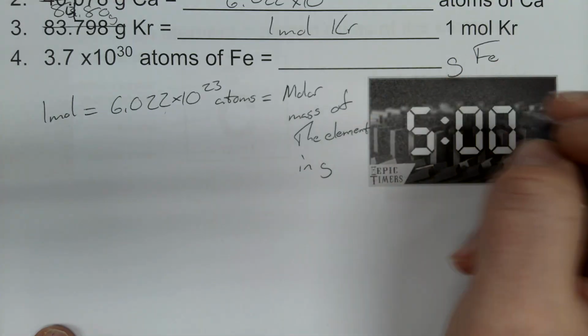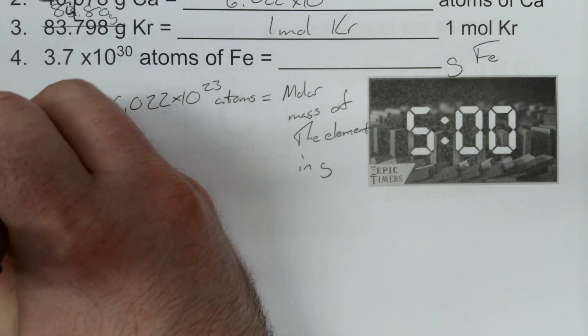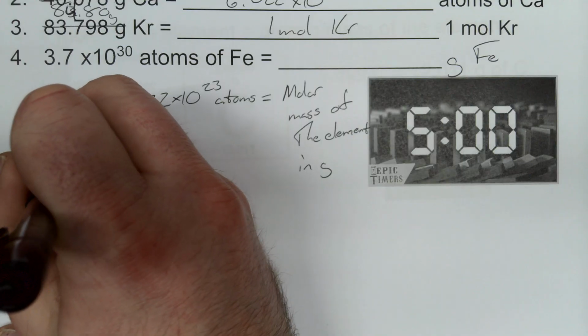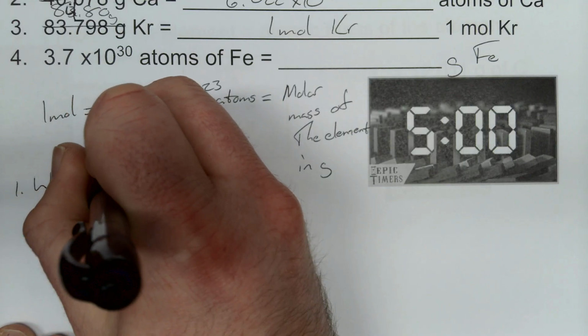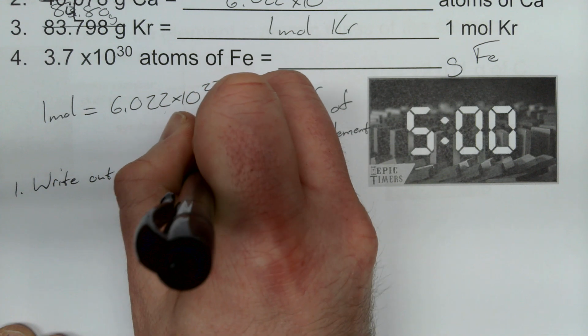First thing I need to do, when I'm doing my dimensional analysis, I have 3 steps. My first step is I need to write out all my equalities.